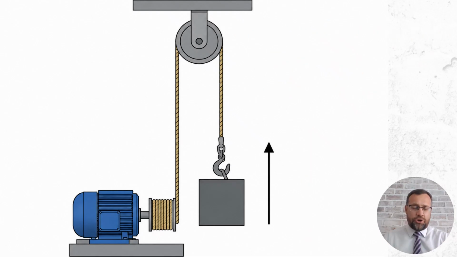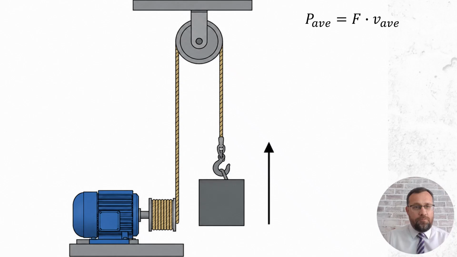Now we have to consider the power dissipated by the motor. We will use this equation, which is often overlooked by learners, where the average power dissipated is equal to the applied force multiplied by the average velocity.